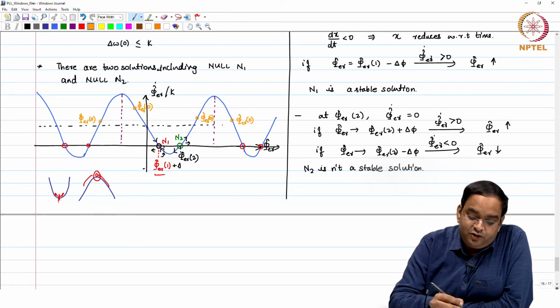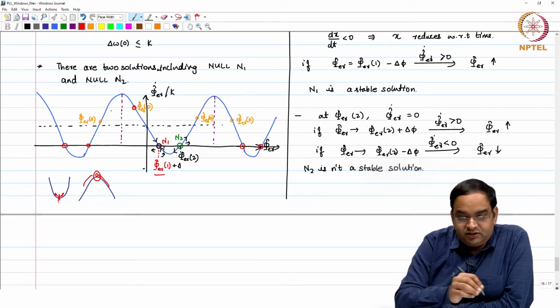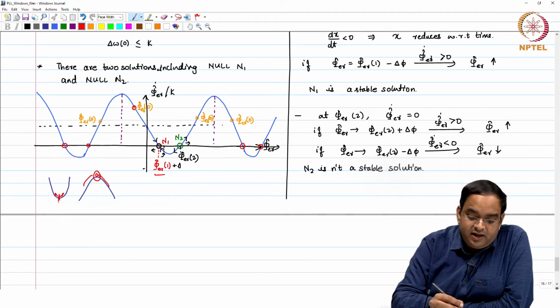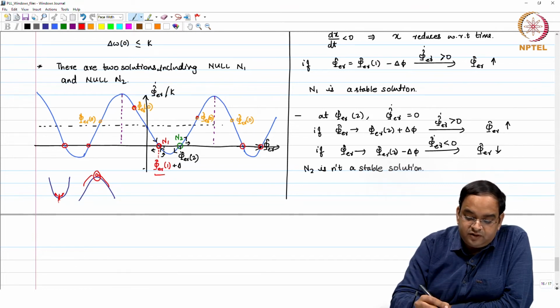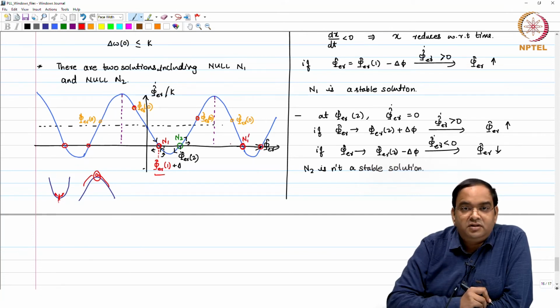Important thing here is no matter where you start, if you start from this particular point, then your signal will change in the PLL and finally, you will find a solution at N1. If you start from this particular point, then you will again find a solution at this point. I call this N1 dash.